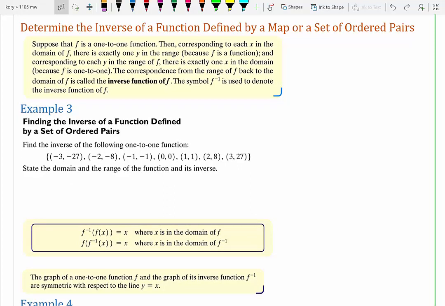She's one of them. All right, so inverses. Determine the inverse of a function defined by a map or a set of ordered pairs. So basically, an inverse is you switch the x and the y's, because inverse means opposite. The opposite of x is y, and the opposite of y is x. So for example 3, before I move on, that's what this is saying.